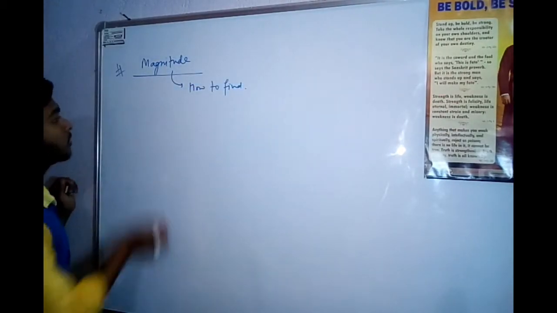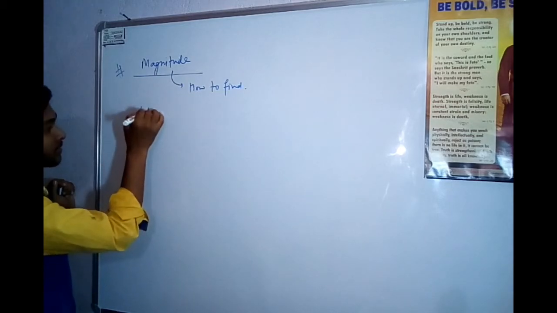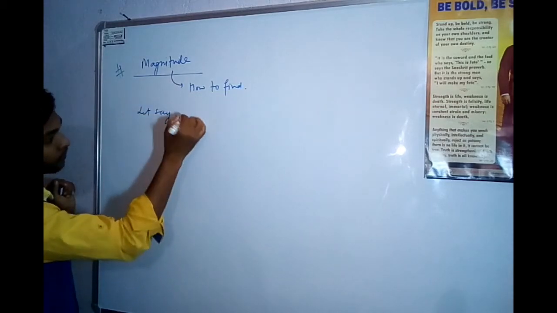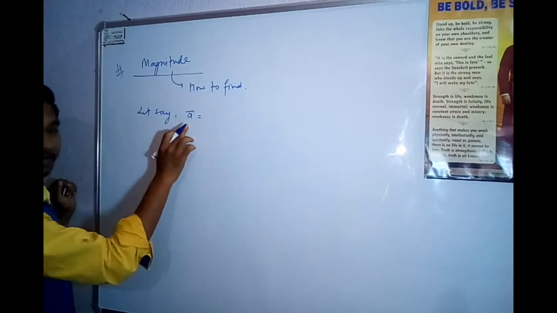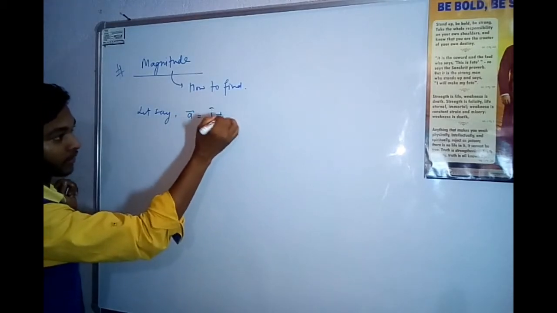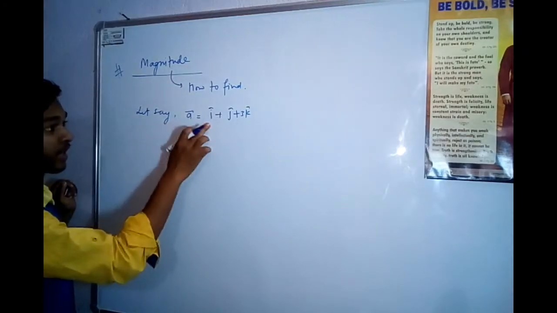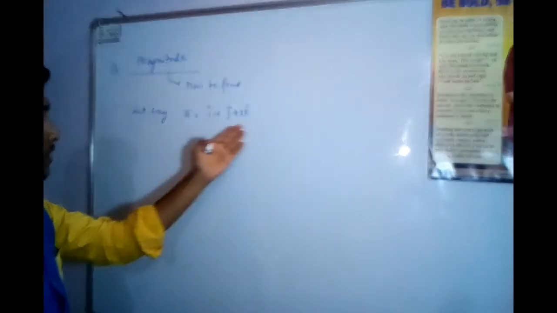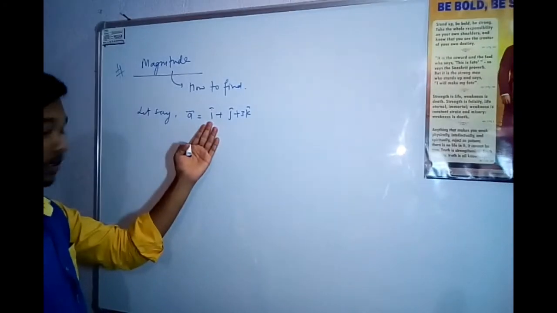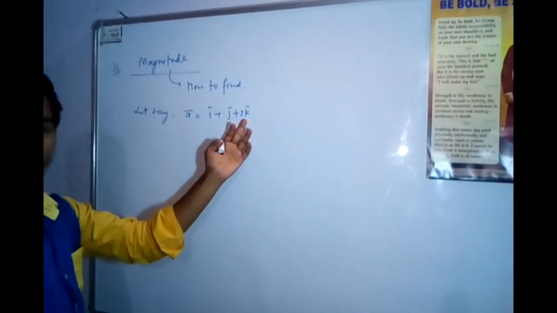Magnitude, how to find? Let's say A is a vector given, i cap plus j cap plus 3k. A vector can be represented in 3 dimensions. This is for the x axis, this is for the y axis, this is for the z axis.